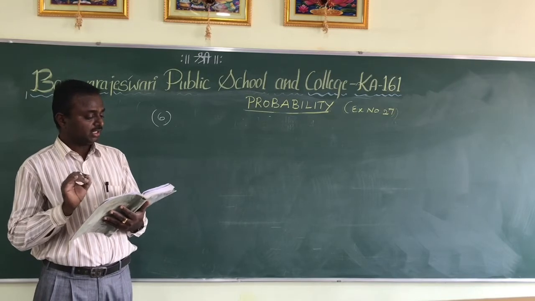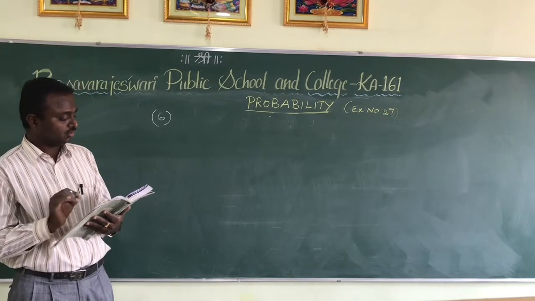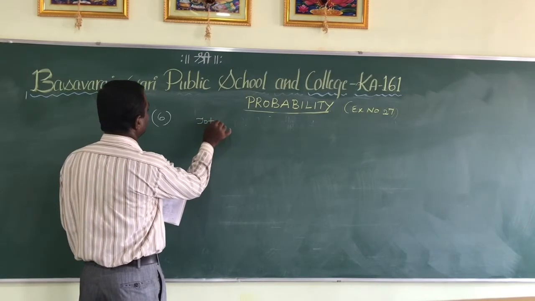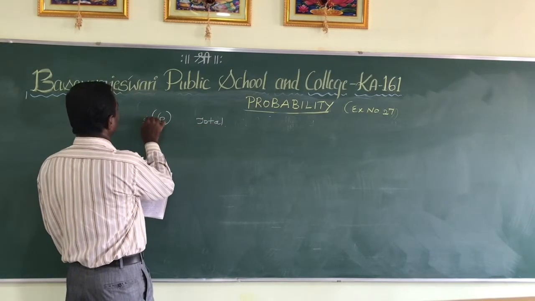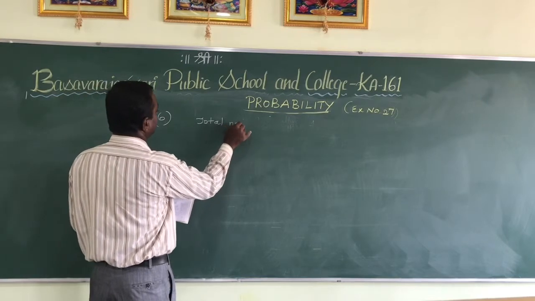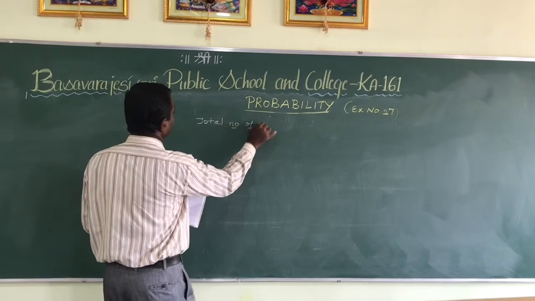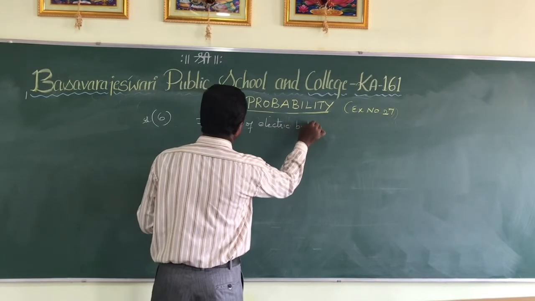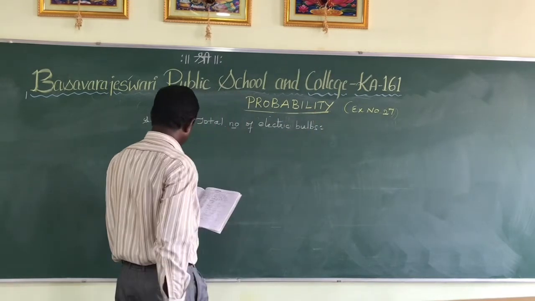First question, defective. Second question, non-defective. So total number of electric bulbs. How many are there? 160.